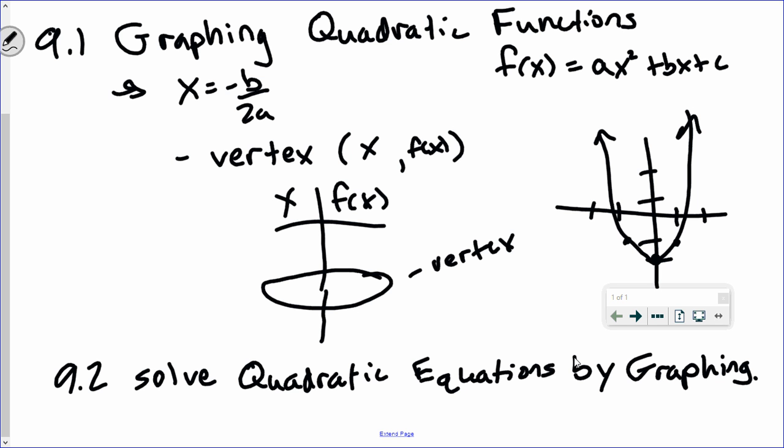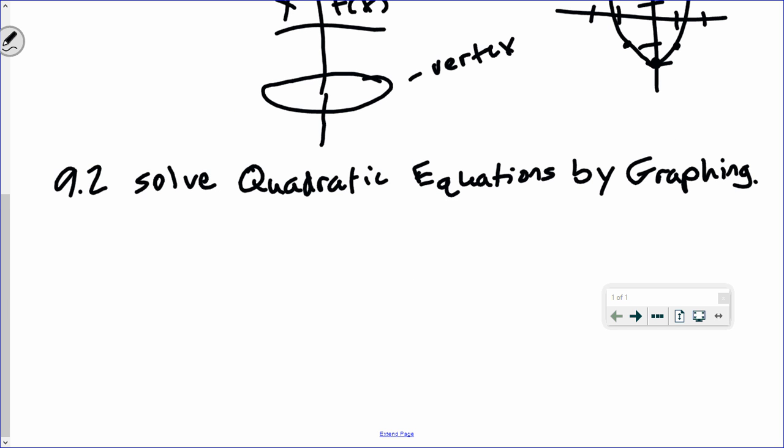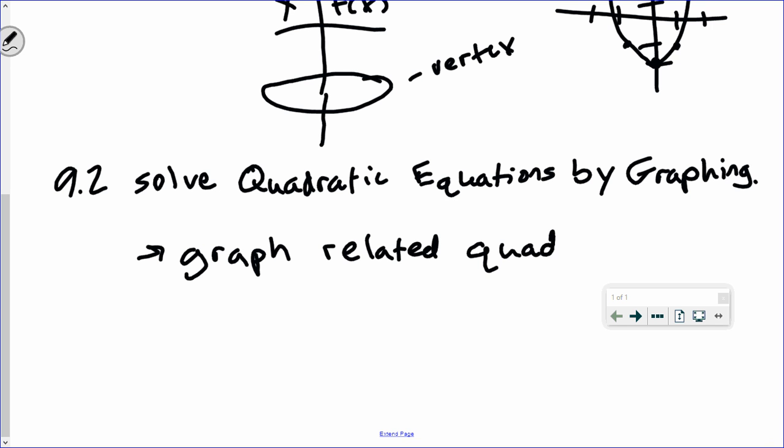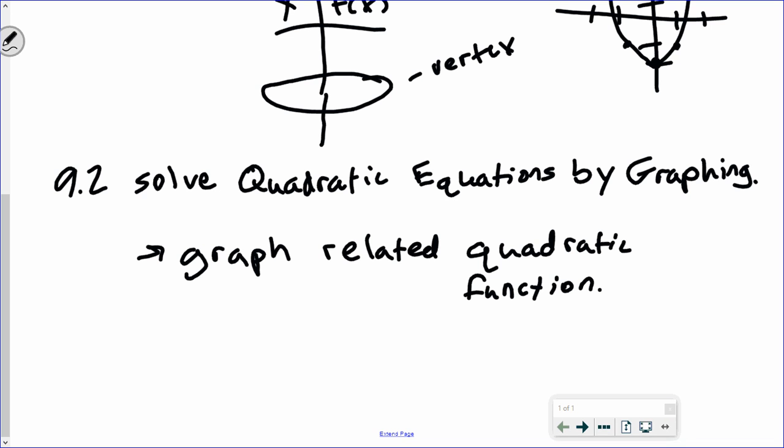And really, this just consisted of graphing the quadratic. Following from 9.1, we would graph the related quadratic function. For example, 0 equals x squared minus 4x plus 2, and we were trying to solve that by graphing.